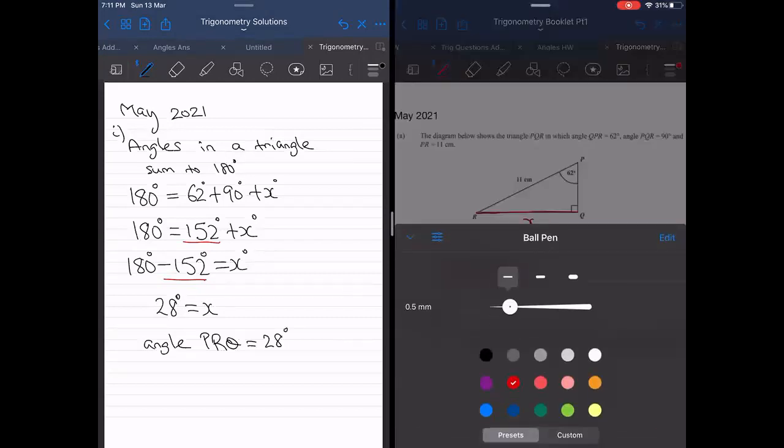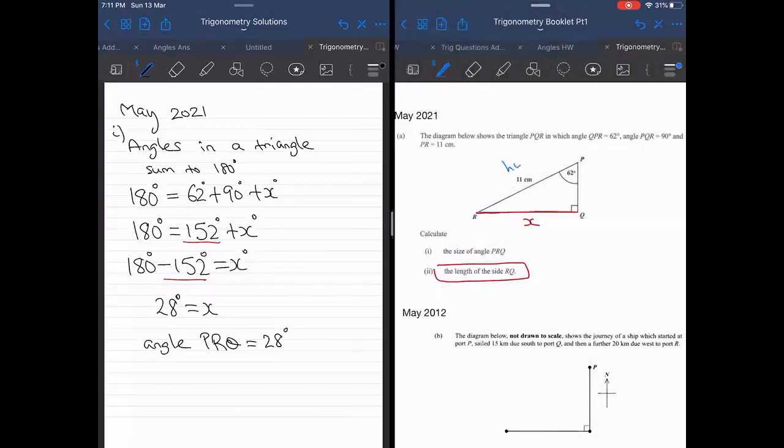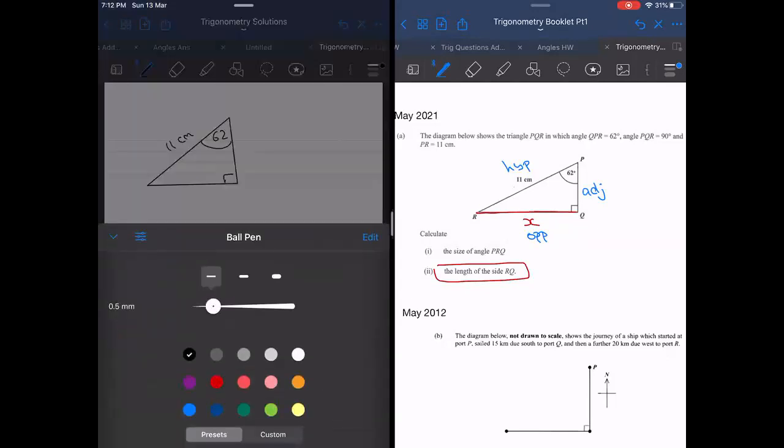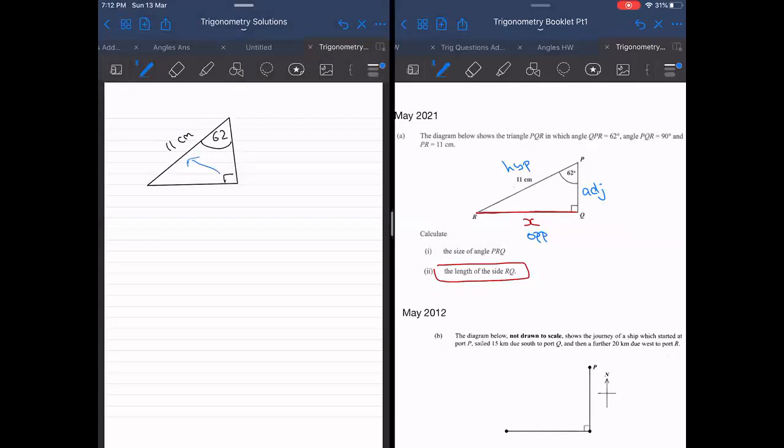Right, so what are we working with? This is the hypotenuse. This is the opposite. That's the adjacent. Across from the right angle is the hypotenuse.